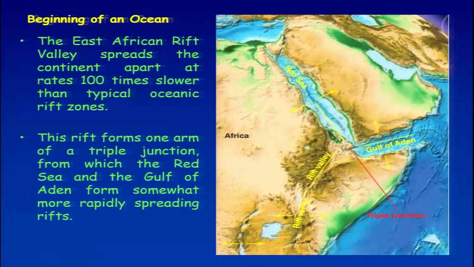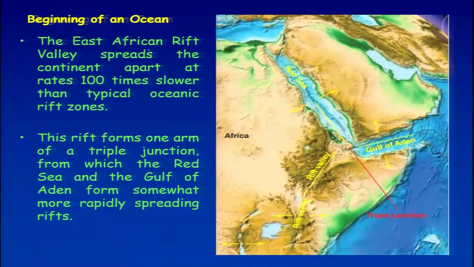So we have the East African Rift Valley spreading away, this one here. We have another one along the Red Sea. So you have the African plate and the Arabian plate here, and then we have the area along the Gulf of Aden, which is also moving away. See, the yellow arrows are showing the drifting of the different plates with respect to one another.